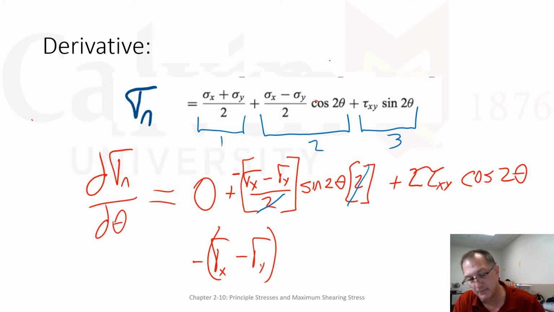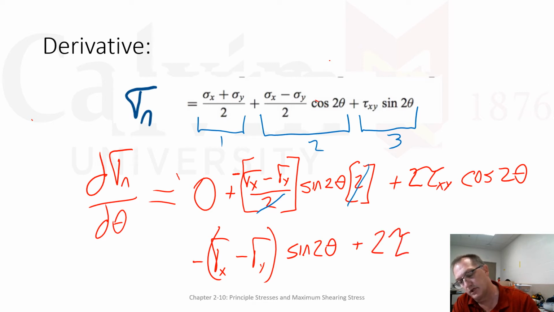Remember what those things represent, not just the variable symbols, but what they actually represent. And then a sine 2 theta, and then a plus 2 tau xy. All right.